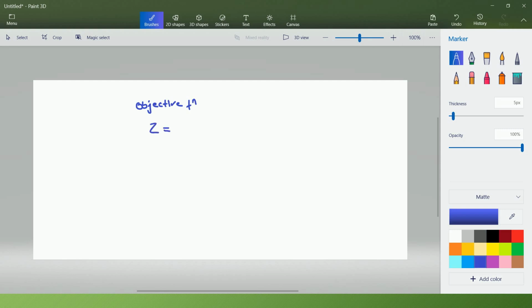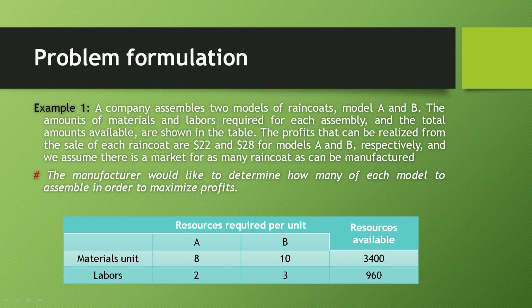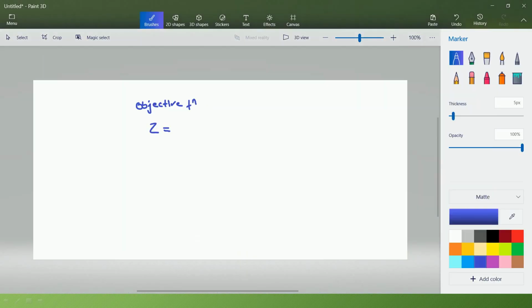We are getting $22 for model A and $28 for model B. So suppose QA is the number of model A raincoats, while QB is the number of model B raincoats.